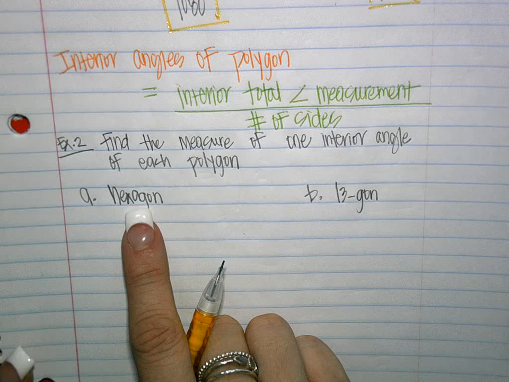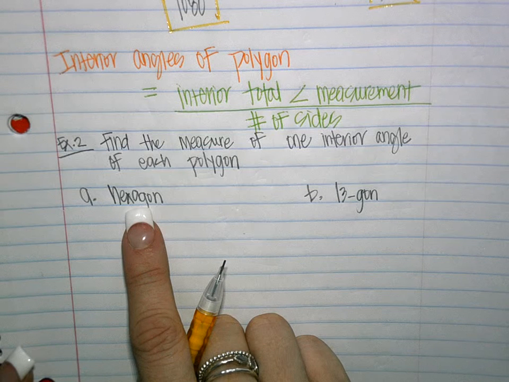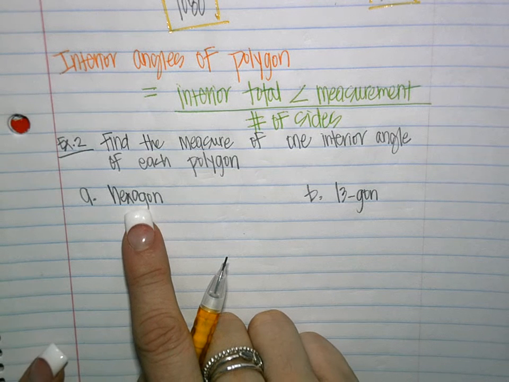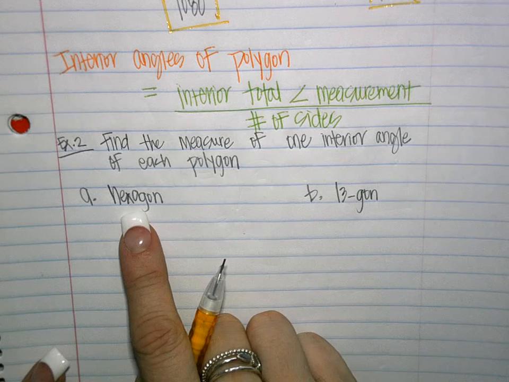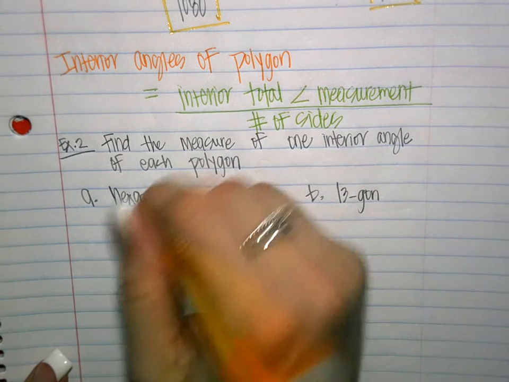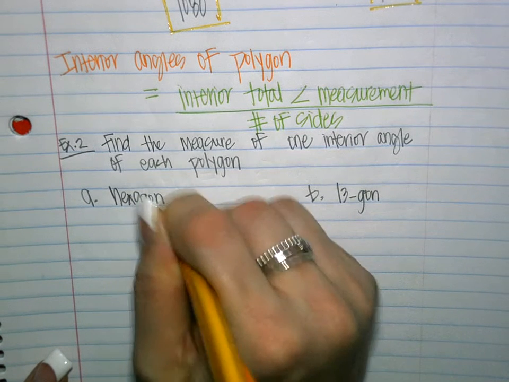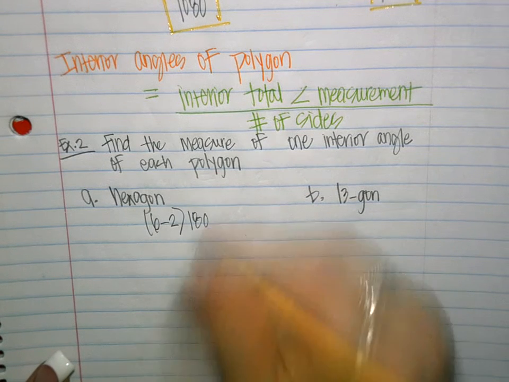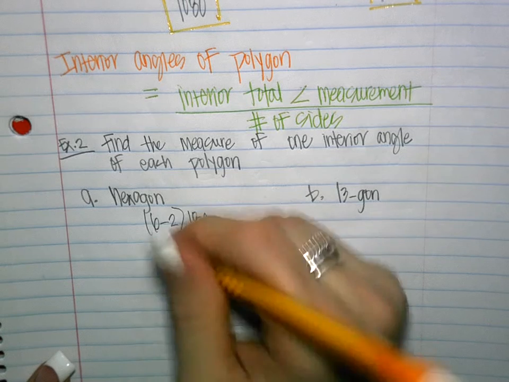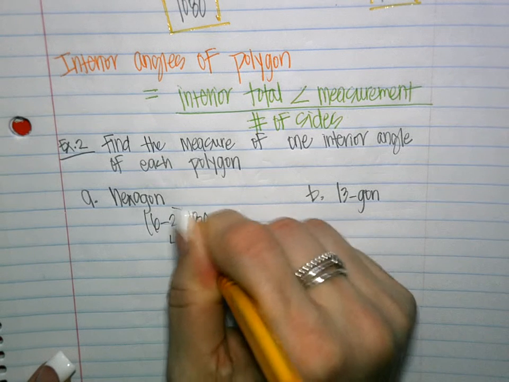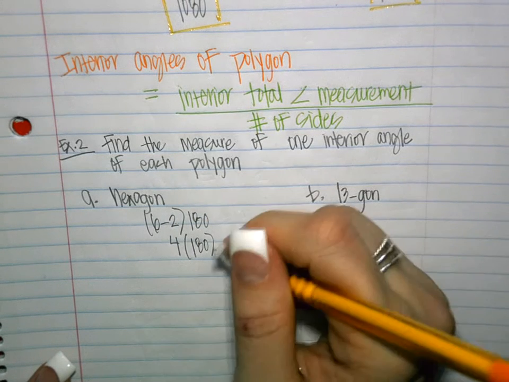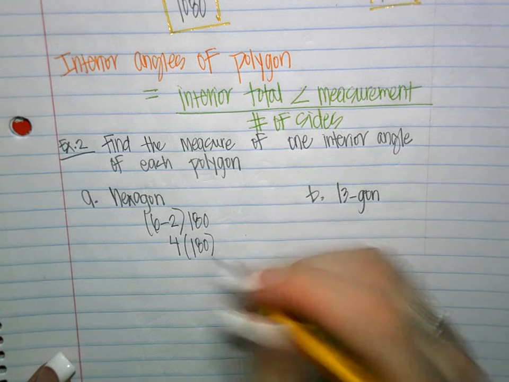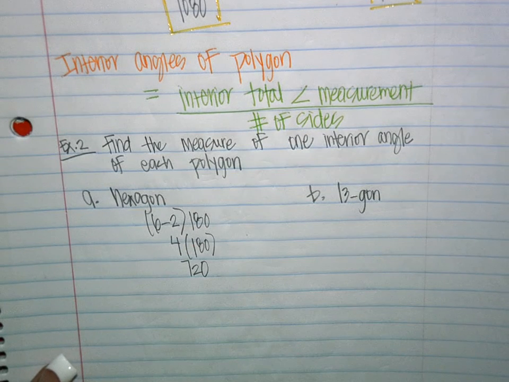The number of sides is 6, subtracted by 2, and multiplied by 180. So we get 6 minus 2 is 4, times 180. What is the total measurement for the angles inside? 720.